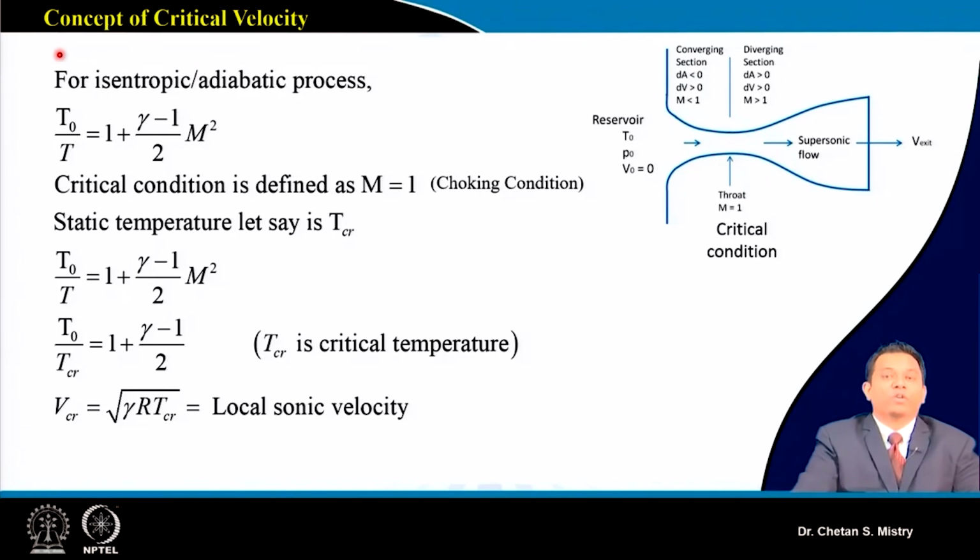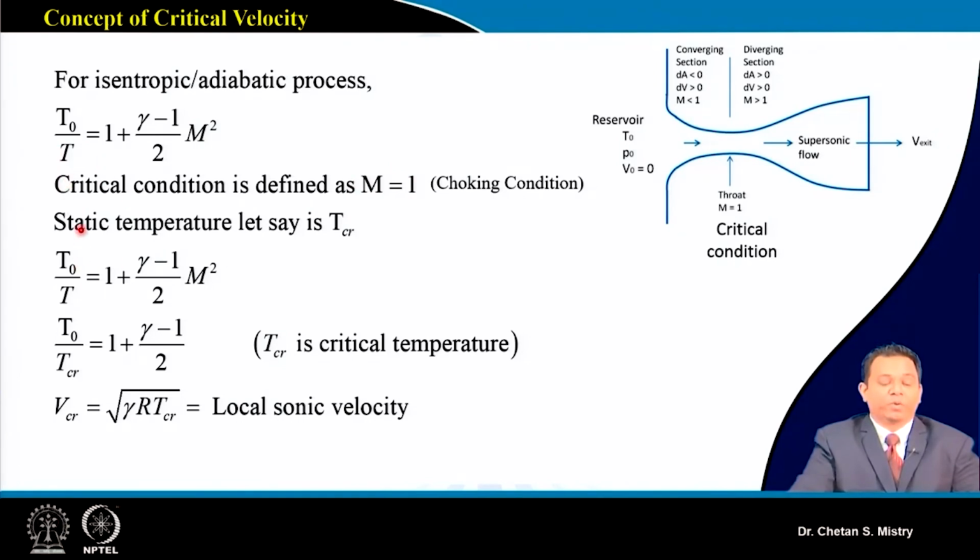If we consider the flow through our axial flow compressor, we assume the flow to be an isentropic process, or more or less an adiabatic process. In that case you can write T0 by T equal to 1 plus gamma minus 1 by 2 M square. Now let's consider the M equal to 1 condition. Putting M equal to 1, the temperature we get I write as T critical.